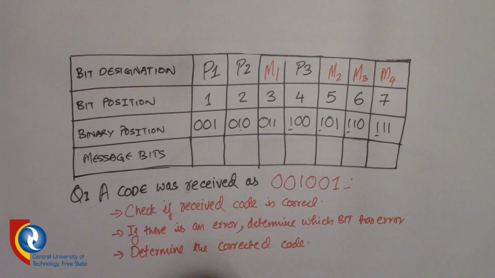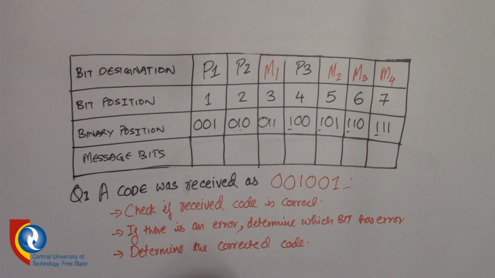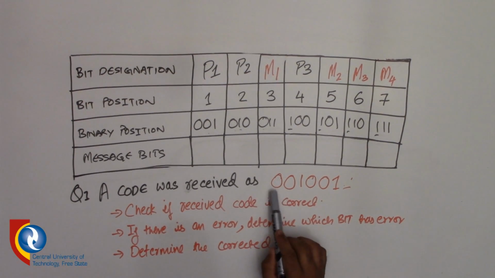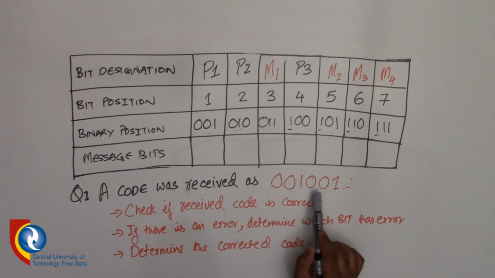The second part of the Hamming code is to determine the correct code, and this involves detecting where the error is on the bit position table and then correcting the code. So we'll do this with the example of another problem. The question here reads, a code was received as 0010001.